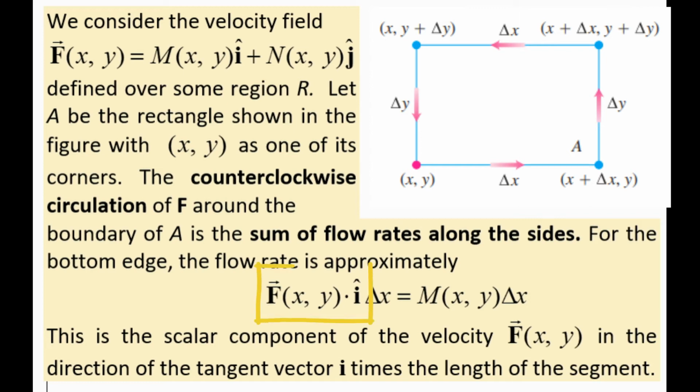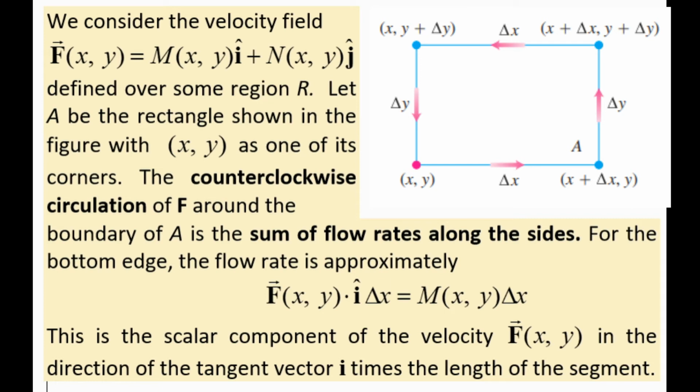See, this is the component of F in the direction of the unit vector i, because i is the unit vector in the counterclockwise direction of the lower side, and we consider the component of the force field F along this vector, and we multiply this component with the length of the side, which is Δx. So we get F(x, y) · i Δx, which is equal to M(x, y) Δx, because F(x, y) is M(x, y)i + N(x, y)j.